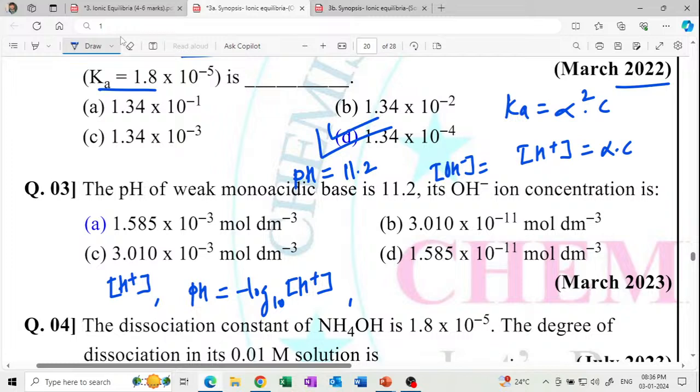Then how to calculate OH minus? The product of H plus and OH minus concentrations is equal to 10 raised to -14.